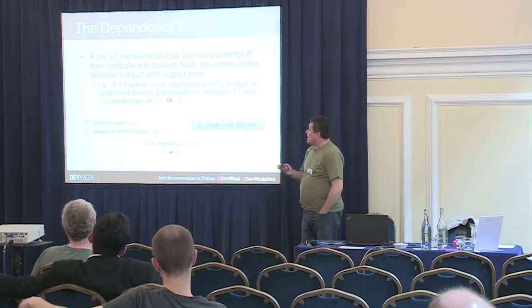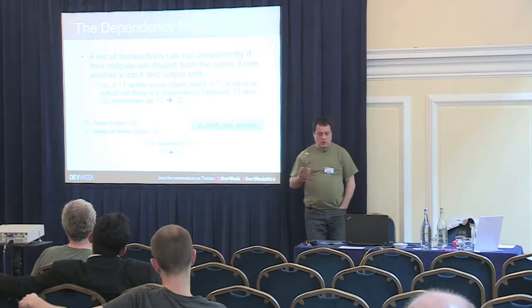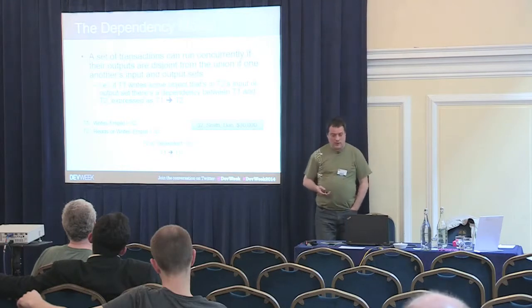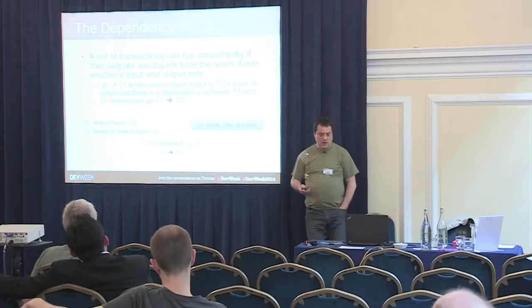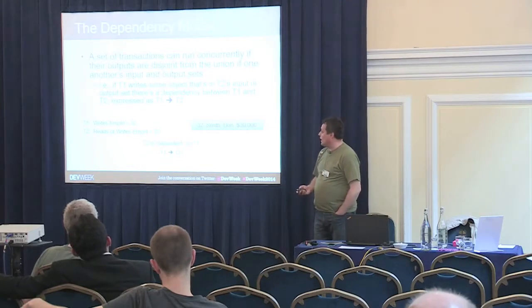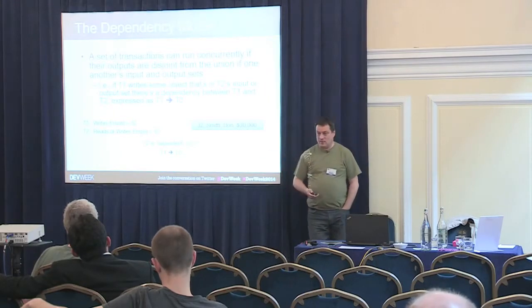So transactions can run concurrently if their outputs are disjoint from the union of the input sets. Okay? If T1 writes some object that's in the T2 input or output set, there is a dependency between T1 and T2, expressed as T1 implies T2.